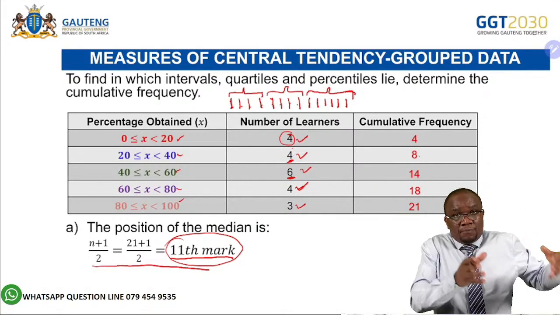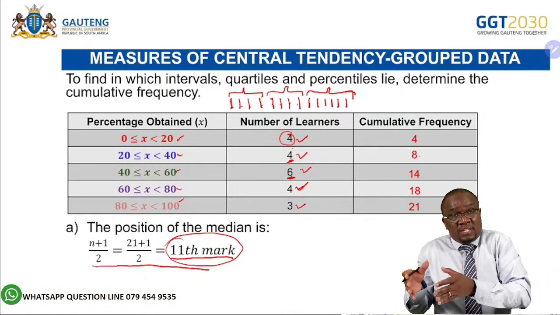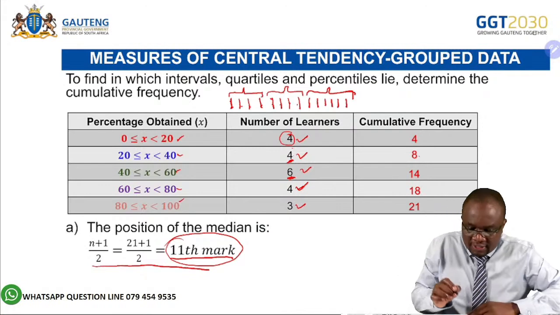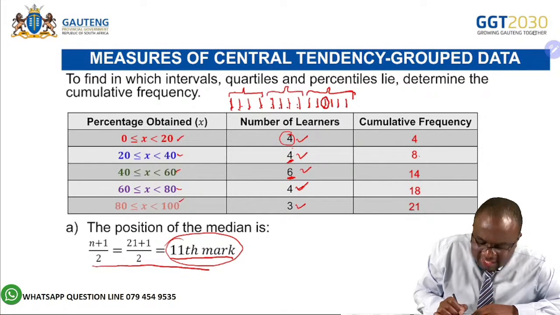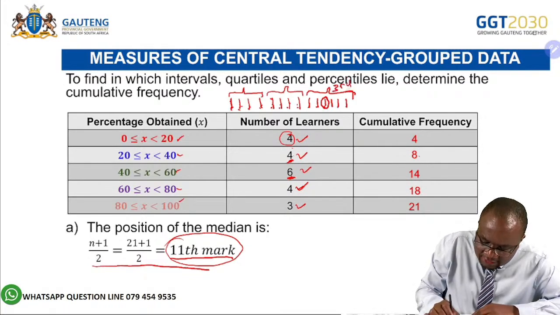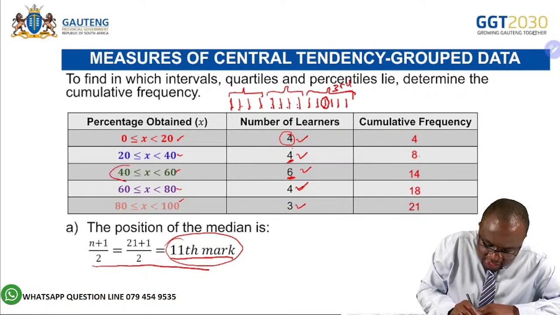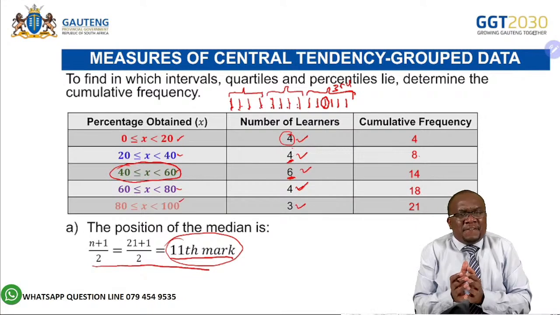The first 4, the second class interval 4, and then the third class interval 6. So we have how many learners now? Let's count, it is 1, 2, 3, 4, 5, 6, 7, 8, 9, 10, 11. And then the 11th data item is in which class interval? Our third class interval, in this case, which is this one here. You see that? So where is the 11th data item?